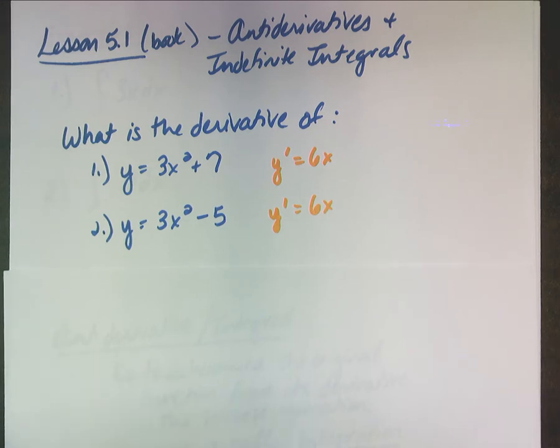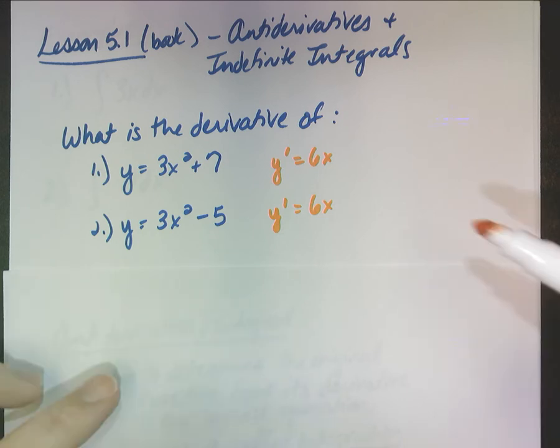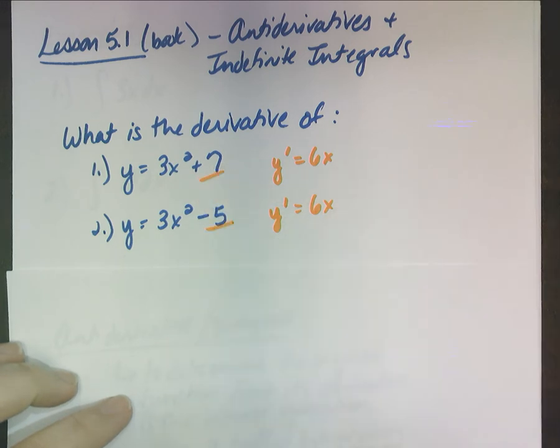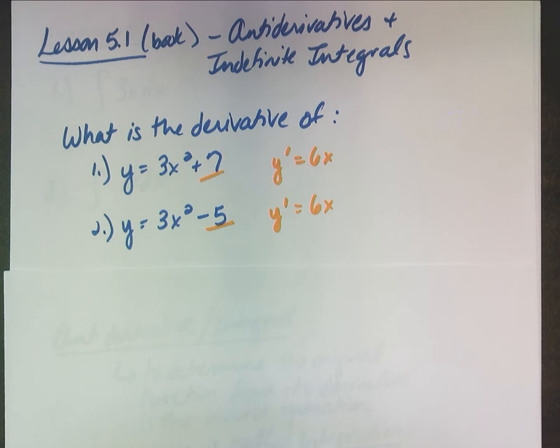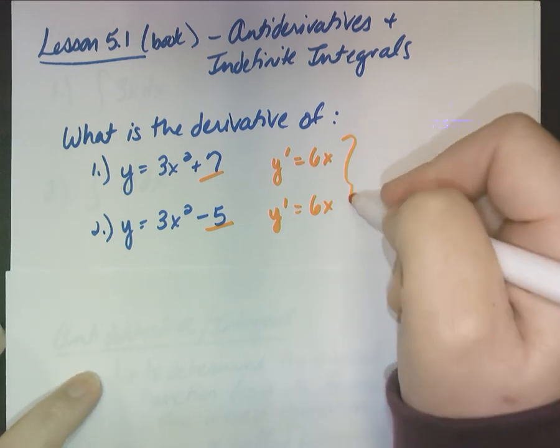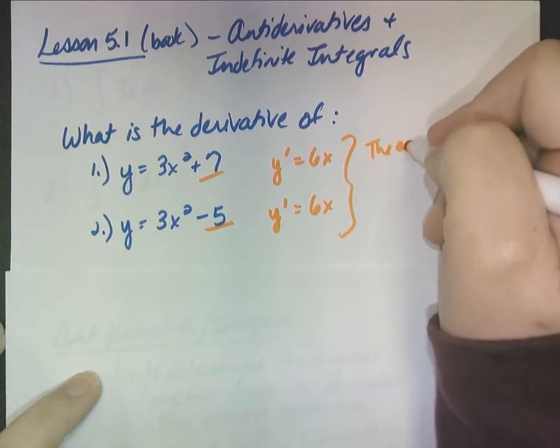So we have a problem here because when we go to take the antiderivative, how do we know what this is? How do we know that there's not a number attached? Because what the antiderivative does, I want to write this down.